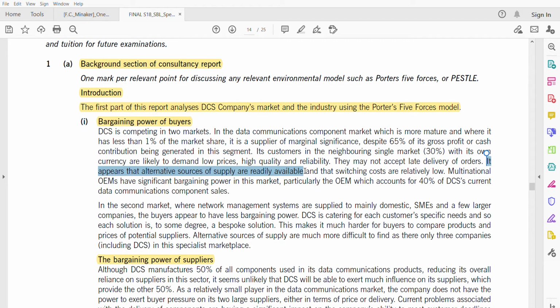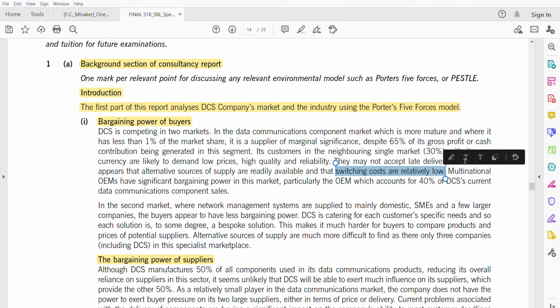Exactly. In which condition will customers not accept late delivery of orders? When they know that they have alternative sources of supply. If they don't get it here, they can get it from somewhere else. So it appears that alternative sources of supply are readily available and the switching costs are relatively low. Prices are very low.